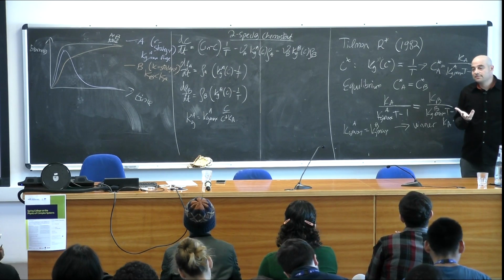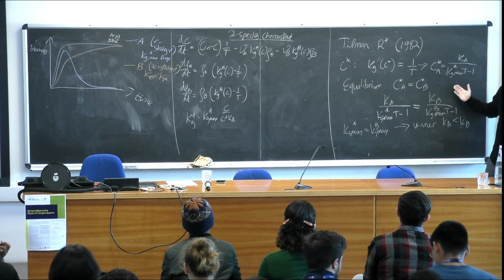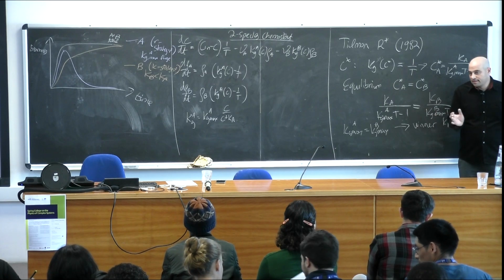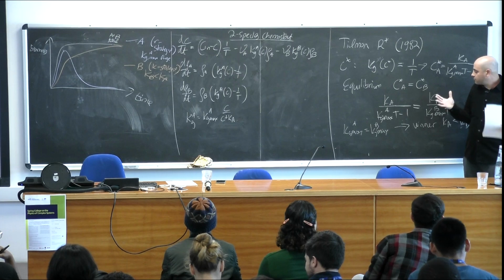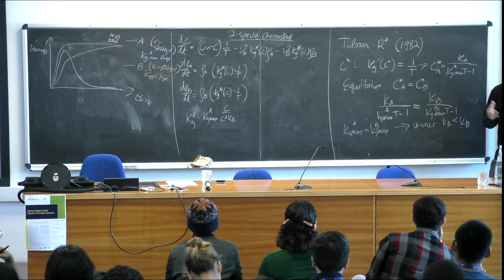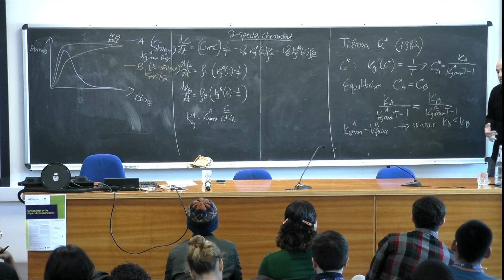These are biological systems, and to fine-tune even one parameter is highly unlikely, but to fine-tune two independent parameters is extremely unlikely. So typically you would have one of the C stars smaller than the other. And this is the species that is going to win.